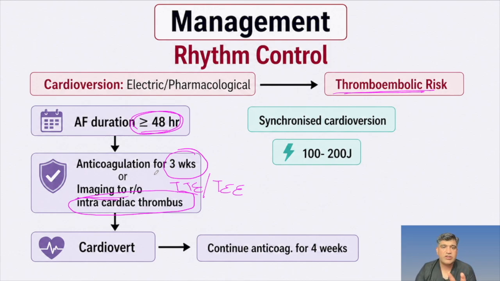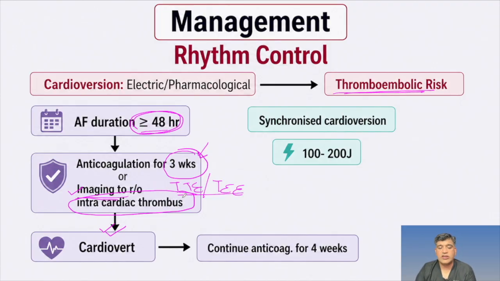So if a patient comes to you with atrial fibrillation more than 48 hours, first anticoagulate for 3 weeks. Anticoagulation, we have seen, warfarin or direct oral anticoagulants, and then cardiovert. Or if you want to immediately cardiovert, then you have to rule out any sort of intracardiac thrombus by doing imaging.